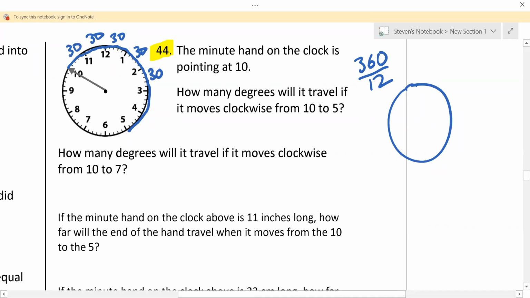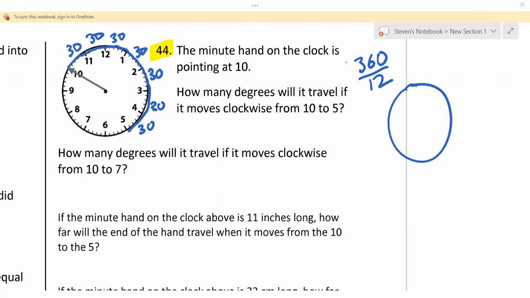Well, I can just add all these up, or basically that's just multiplication, right? How many 30 degrees did it go? Why don't you guys type that in? How many degrees did it travel if it goes from 10 to 5? Let's see what you guys got. Not quite.